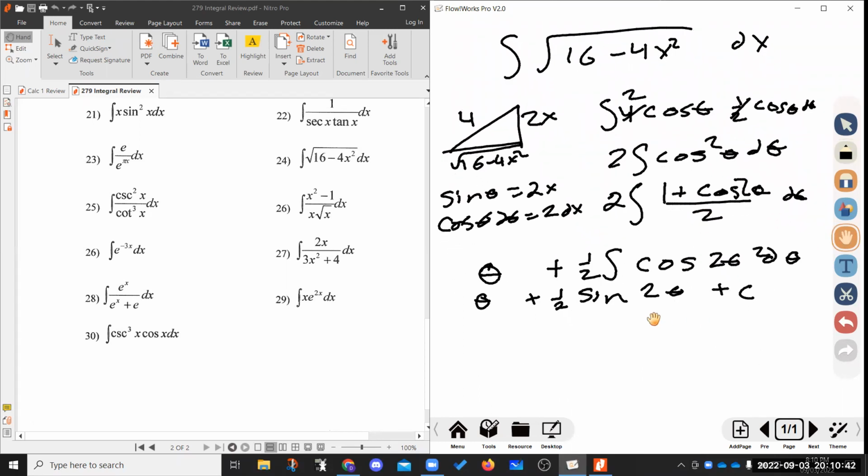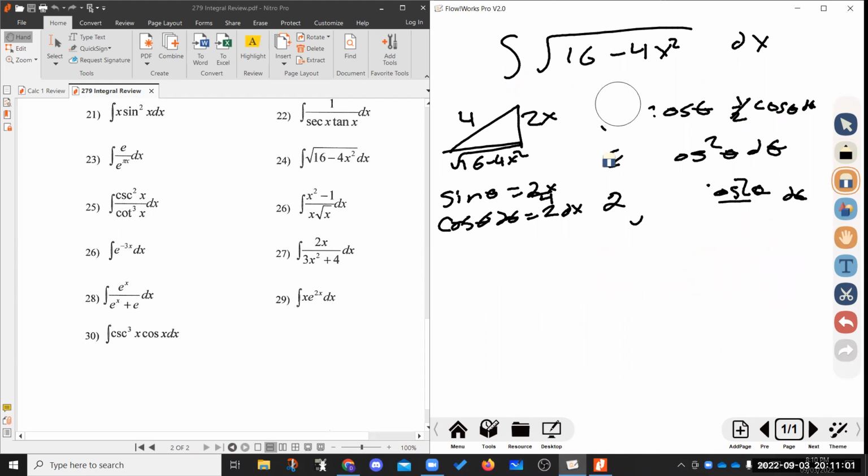Again, look at our triangle. Theta is defined in terms of sine. How did I write that? Hang on a second. Goofed.